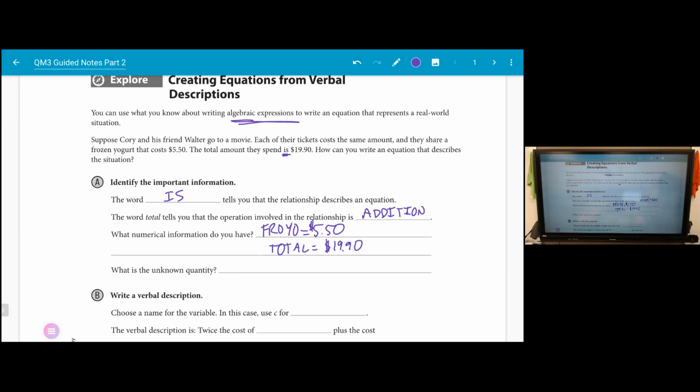And what don't we know? We don't know the cost of the ticket, the cost per ticket, because we know that they bought two because it's Corey and Walter. We know that they bought two, but we just don't know how much those tickets are.